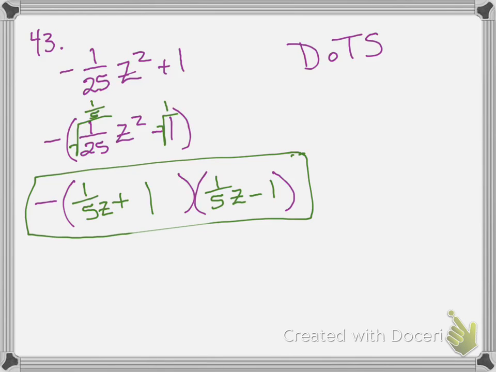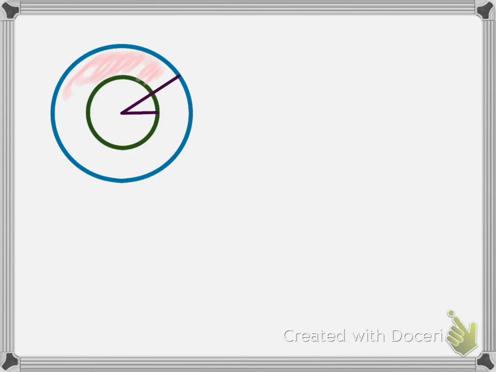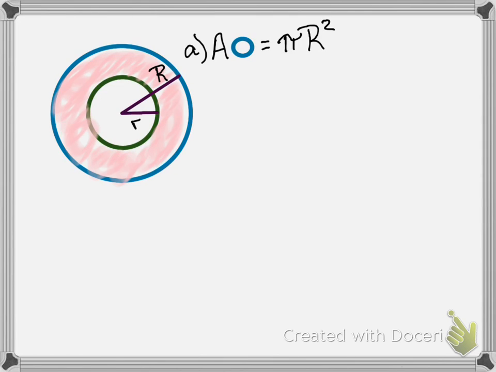Alright, and then the last one, number 46. Okay, so number 46 for the advanced, you had an outer ring and an inner ring, an outer circle and inner circle. The outer circle has a radius of capital R. The inner circle has a radius of little r. And then there's a shaded ring.